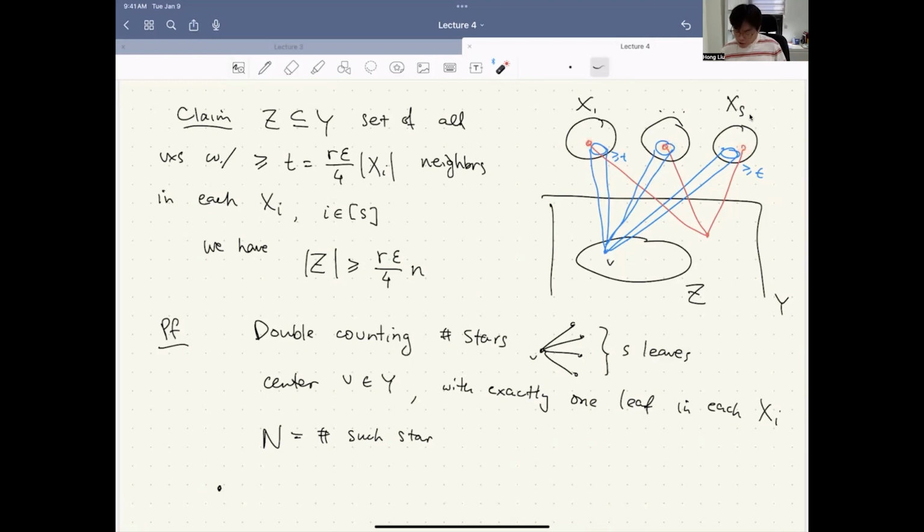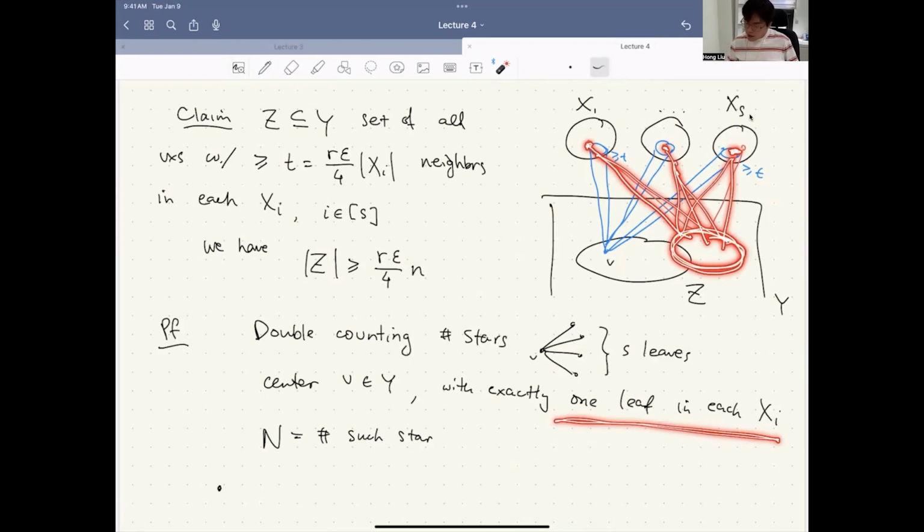Since each star must have one leaf in each set, let's grab an s-tuple, one from each Xi, and look for their common neighbors down here in Y. Any one of these common neighbors together with this s-tuple gives a star.